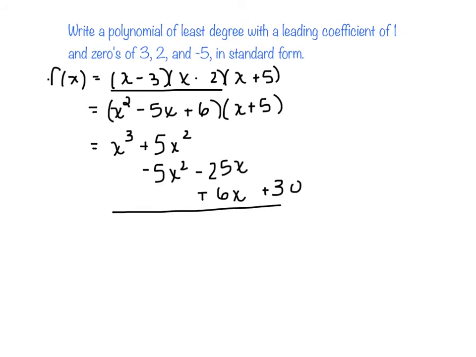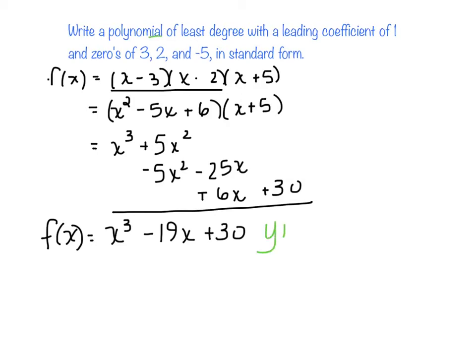And if we combine all those like terms, those 5x squareds are gone. And combining like terms, I'm going to get x cubed minus 19x plus 30. With a calculator, the way to check this is to go ahead and put this in y1 and make sure that it goes through these 3 zeros.